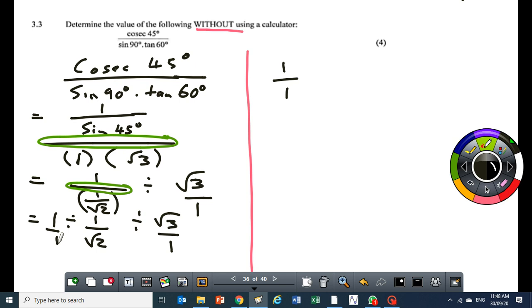So I'll convert my division sign, the first one, to multiplication. Once I convert to multiplication, then I have to swap this numerator and the denominator here. So you get square root of 2 over 1. Okay? Then I still have another division sign here. I need to convert it to what? Multiplication. Then I'll interchange these two. So we end up having times 1 over square root of 3.